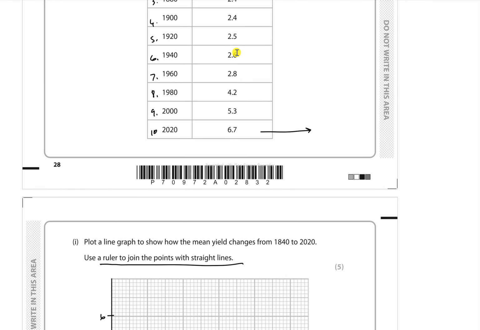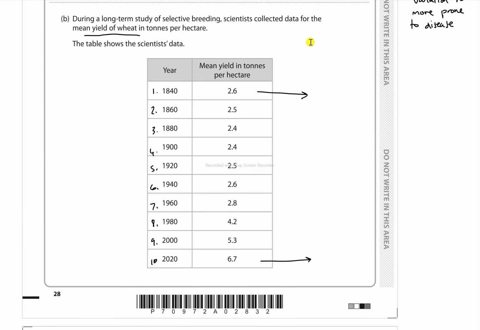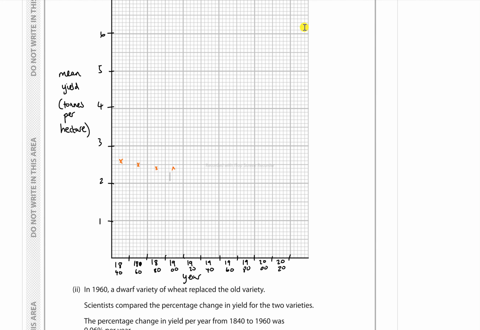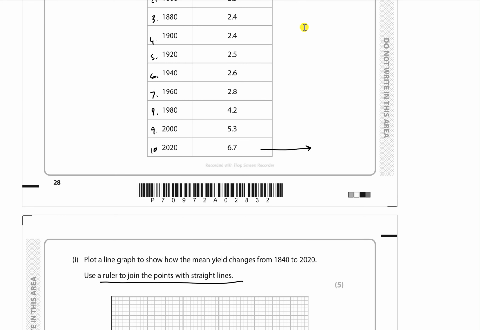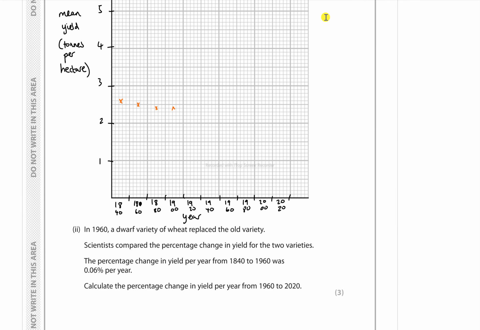No, if I read that wrong, 2.6, 2.5, 2.5, 2.4, 2.4. Then it went to 2.5, 2.6, 2.8.